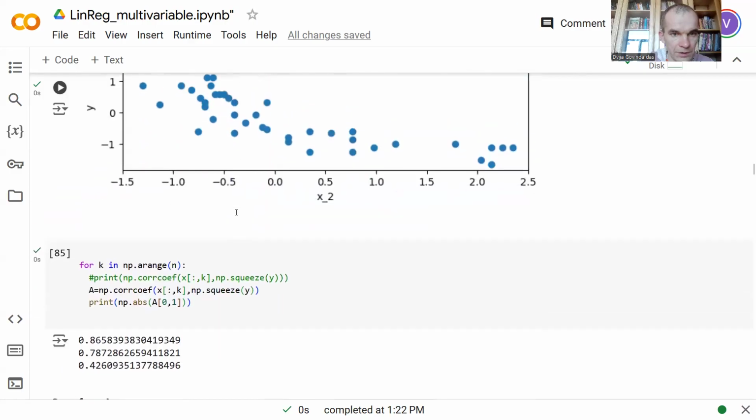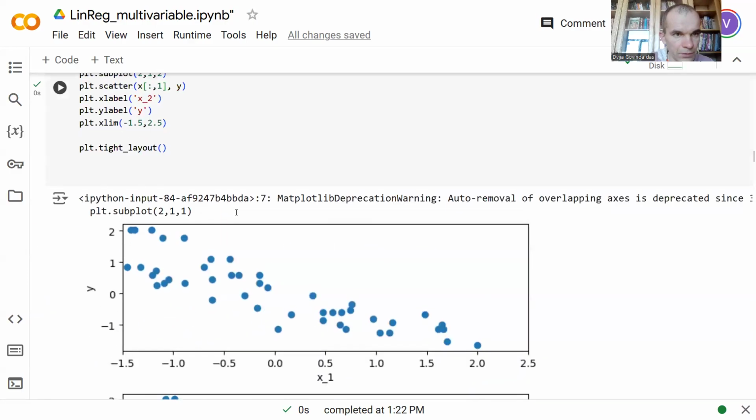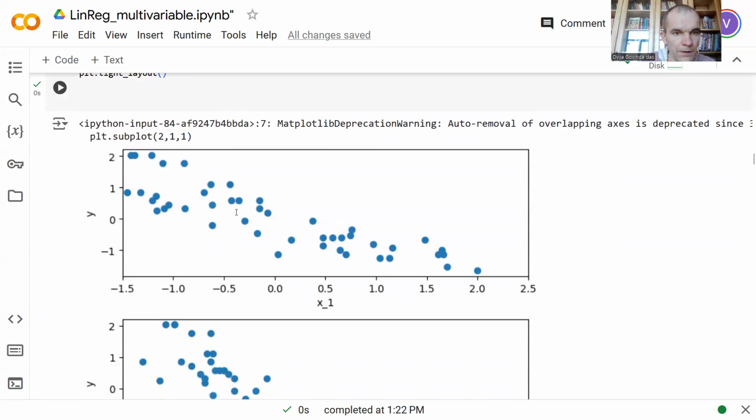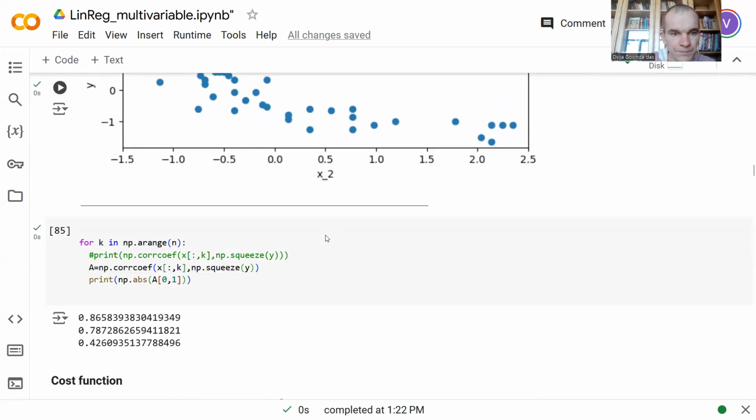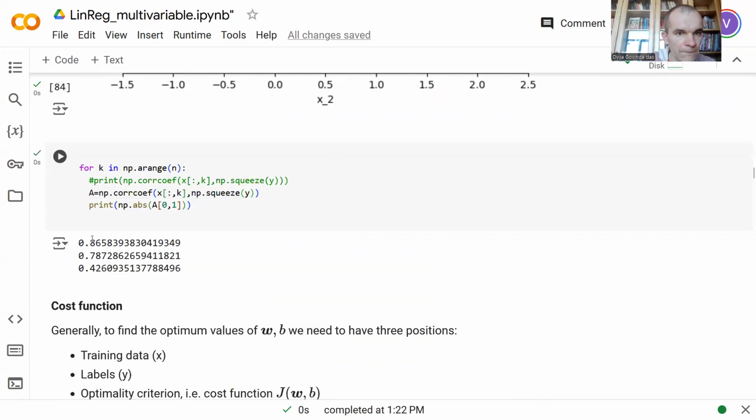So, for example, we can see on these graphs for x1 and x2 there is some linear dependency, and correlation coefficients also show us this kind of linear dependency. It is 0.9, let's say, for the first variable, weight, and 0.8 for the horsepower, but only 0.42 for acceleration.